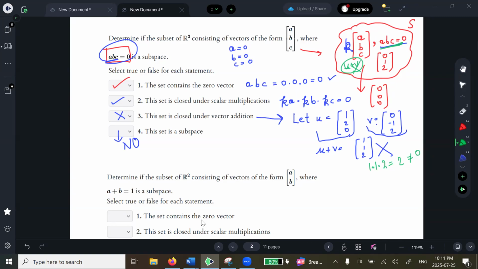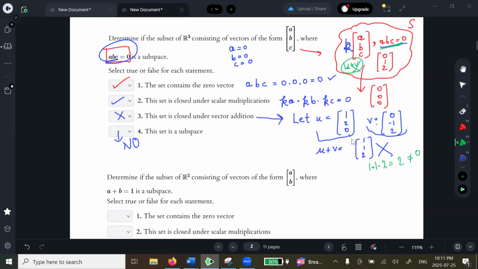It doesn't mean that all added vectors will not work. It's just that there's at least one, and you found a counterexample. So if it failed, that's what you have to look for. It will be very obvious that it failed if I can think of a vector that would not work for this subspace.